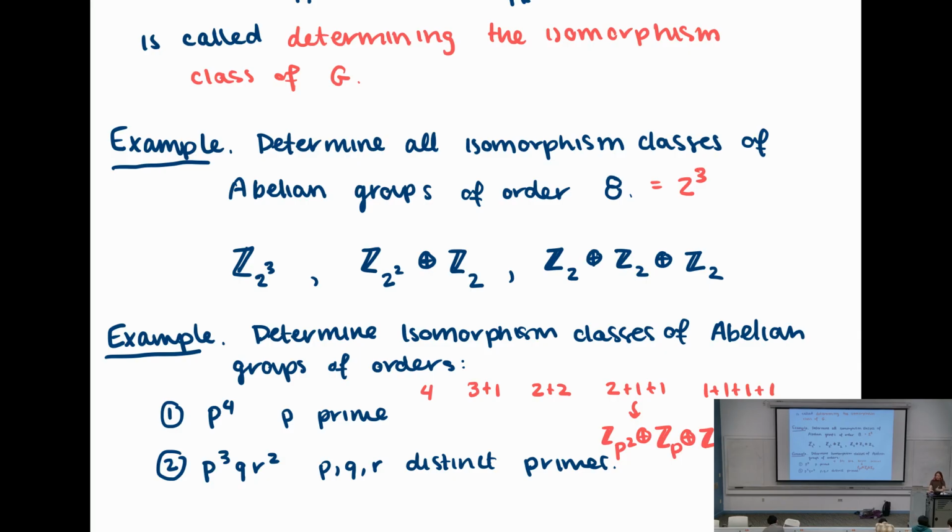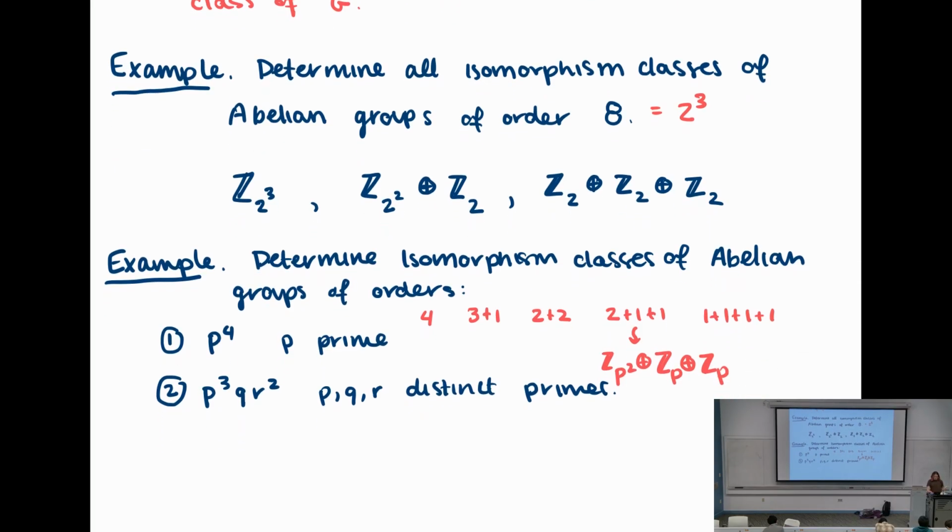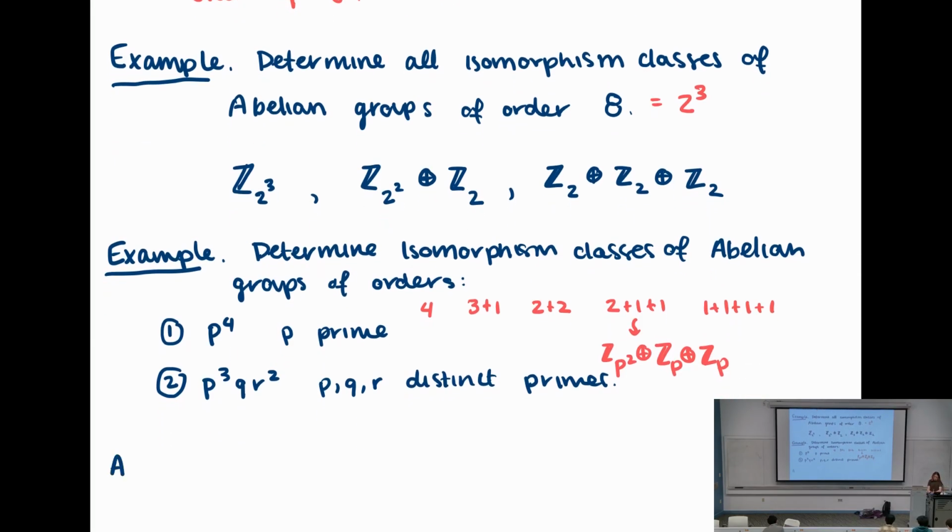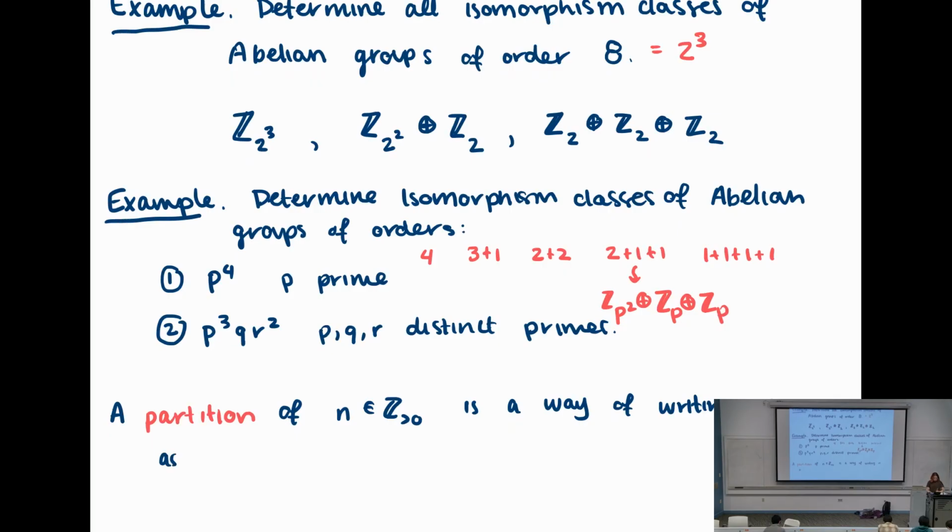Okay, so this idea has a name. These are called partitions. So a partition of a number n, and let's say this is a positive integer, is a way of writing n as the sum of smaller positive integers.